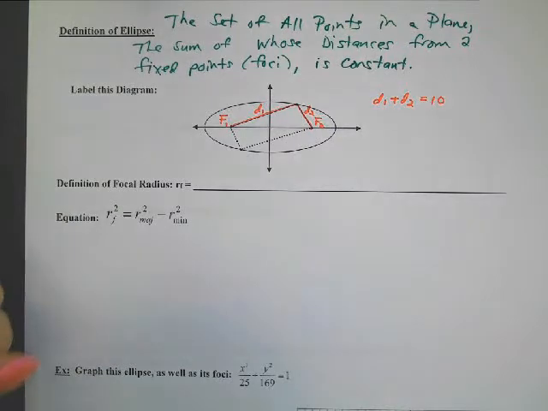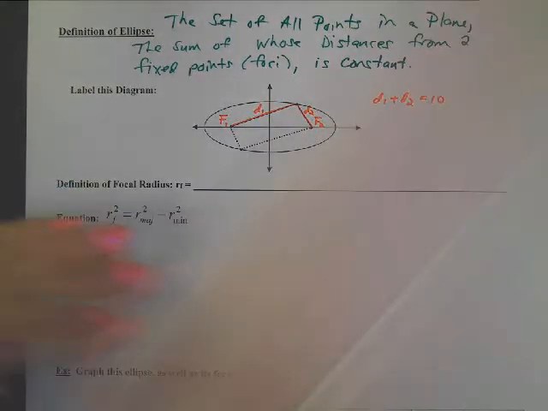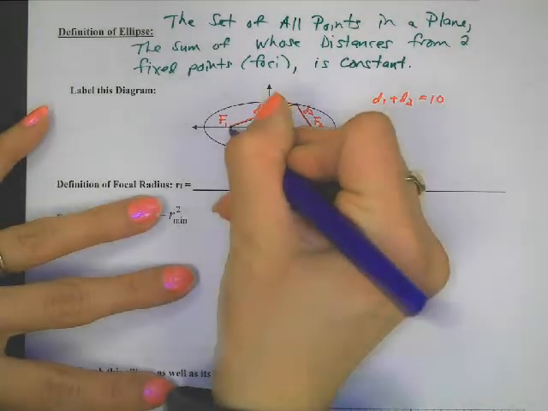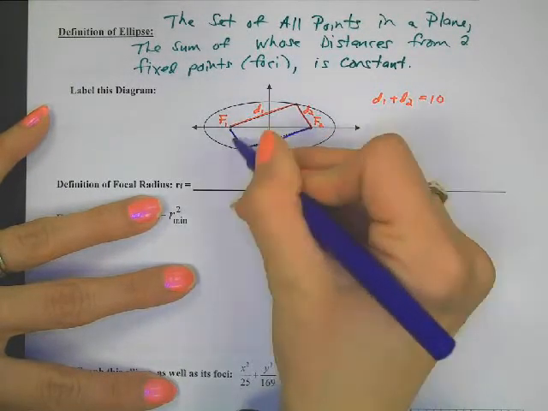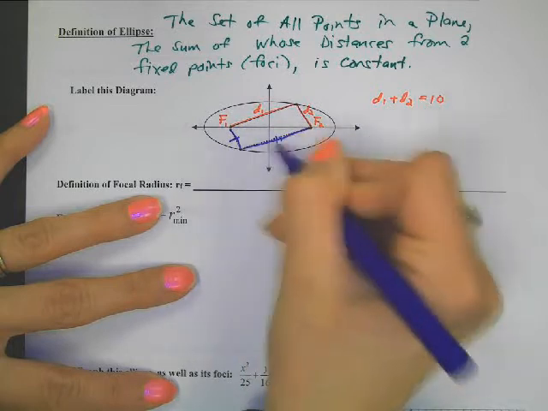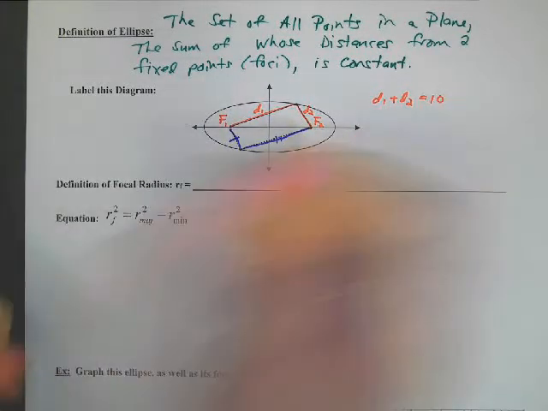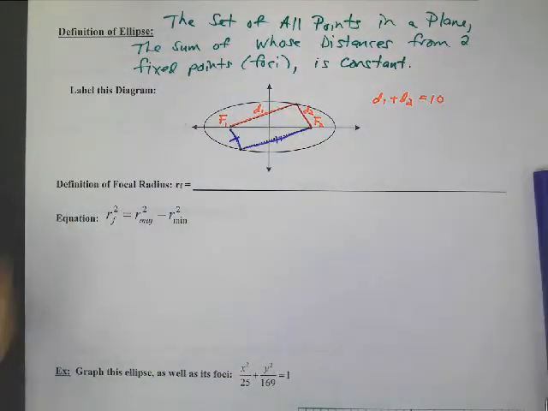So all of the points have the sum whose distance is 10. For example, here's 1, and here's 1, and these two also would have to add up to 10, the distance to the foci.